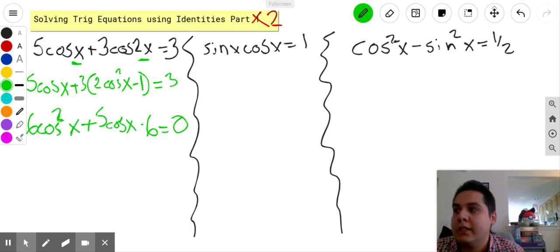Right? The reason I do that is because now I can go ahead and do some factoring. However you factor, you should end up with something like this.